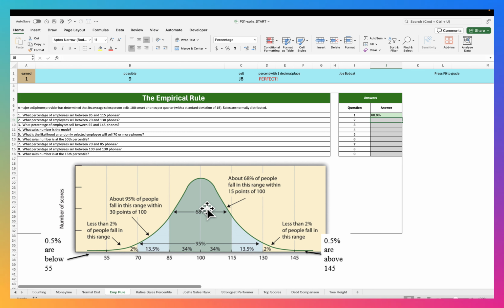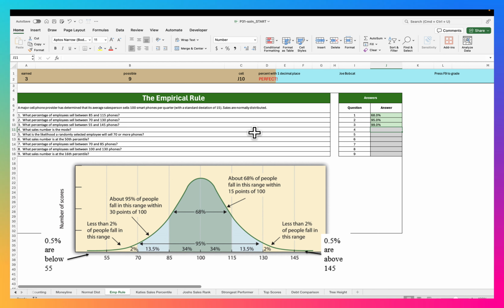Well, that's going to be the 68 plus the 13.5 on each side, so that's going to be 95. And between 55 and 145, that's almost everybody. So we add another 4%, that 2 plus that 2. So it's 99.